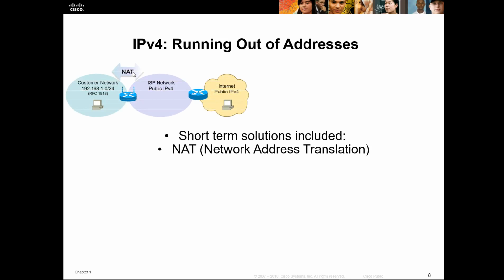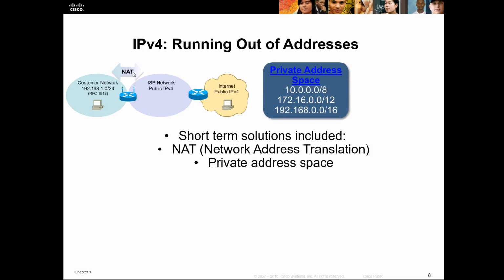So that took us to the idea of IPv4 running out of addresses. Short-term solutions included things like network address translation, hiding a private IP address range behind one public IP. That's very common now in most home networks. But that really is not a long-term solution.